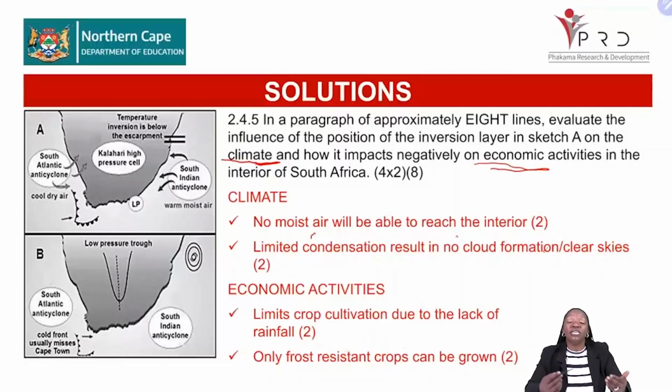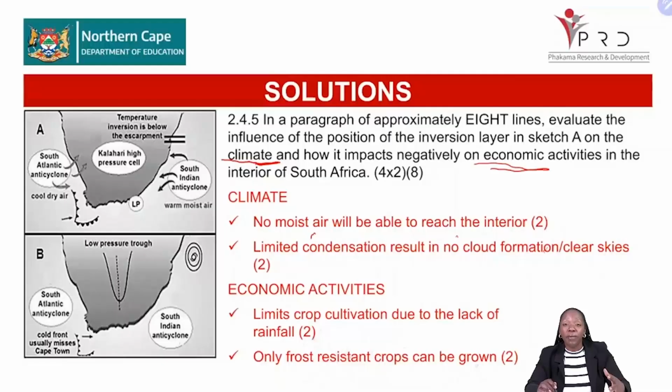So now it is limiting them. In terms of economy, remember, it has something to do with money. So therefore, this farmer or the country is now being limited to focusing on the crops that will require less amount of water. Only frost-resistant crops, those that can withstand the coldness, can be grown.